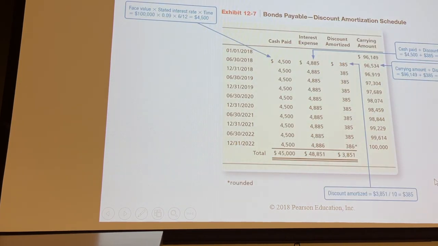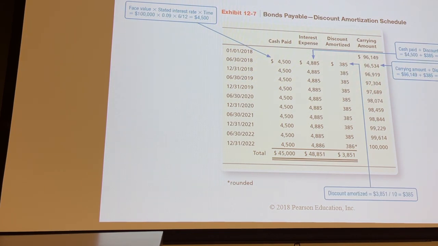And here's what an amortization schedule would look like for amortizing the discount on the bonds payable. So again, note that we're amortizing it over 10 periods. The main thing I want you to notice here is that by the time the 5 years are up, when we reach the maturity date for the bond issue, the carrying amount of the bonds is up to $100,000.